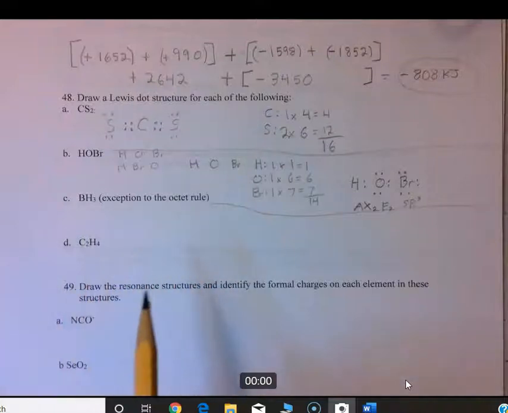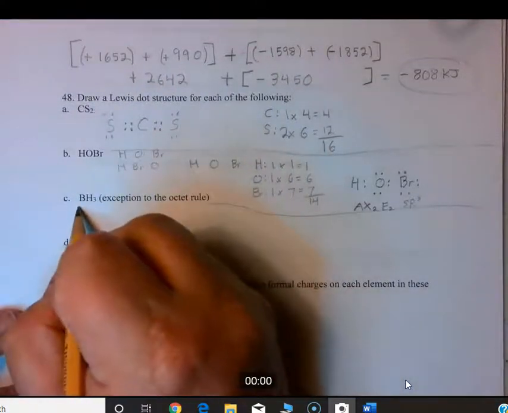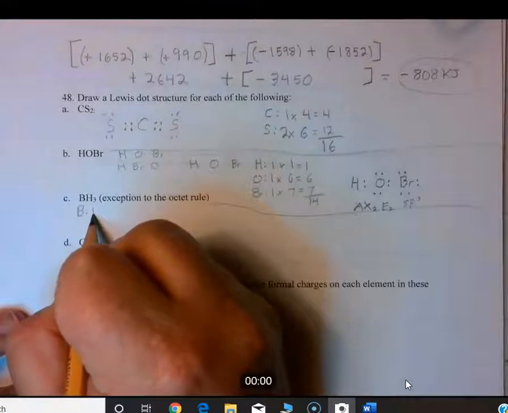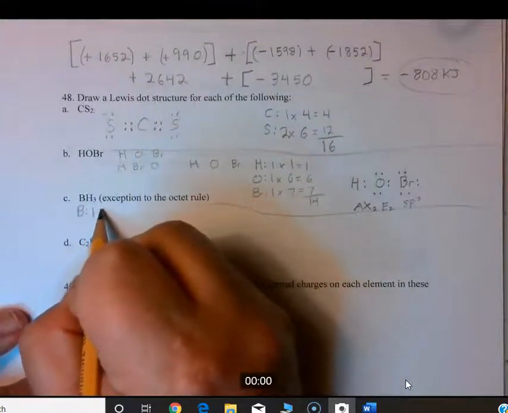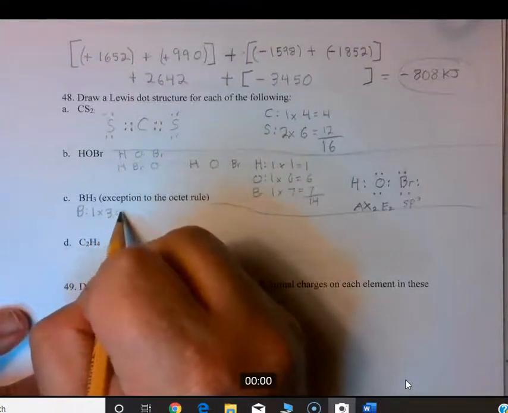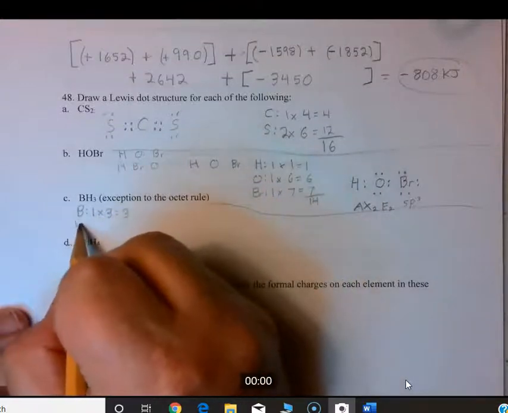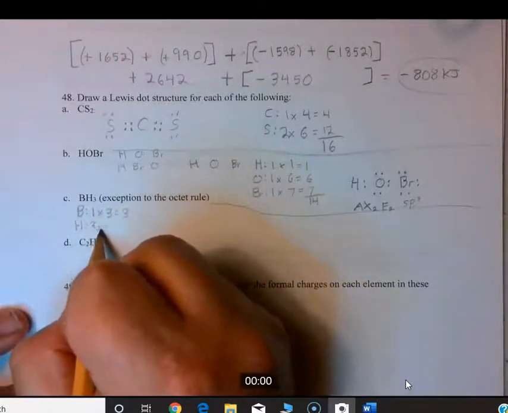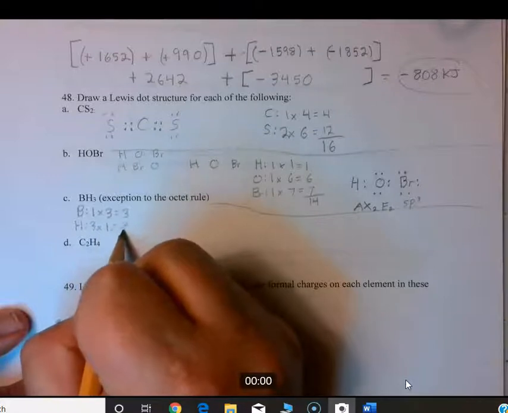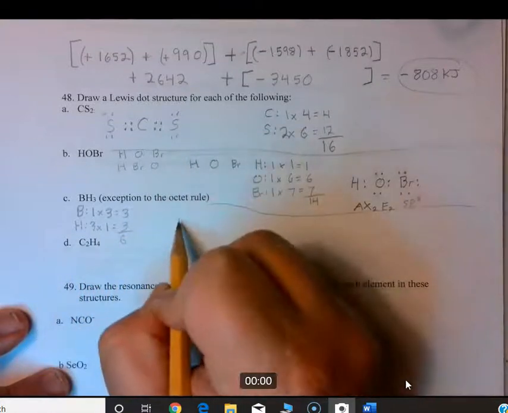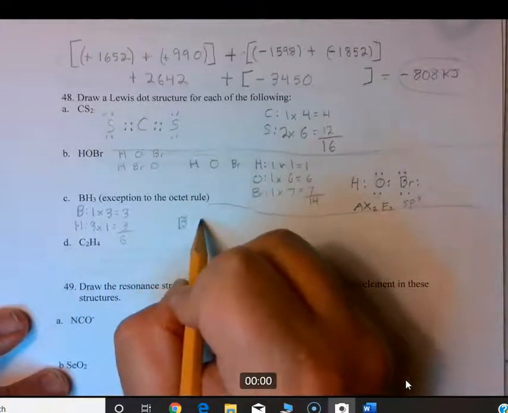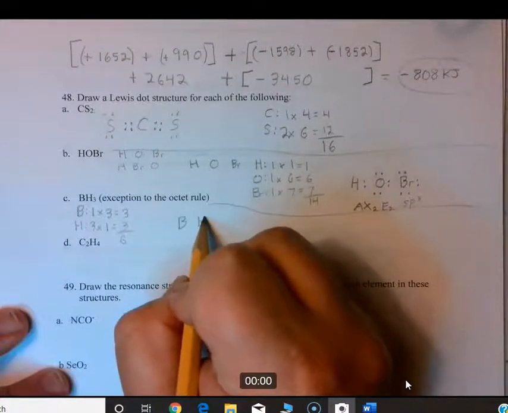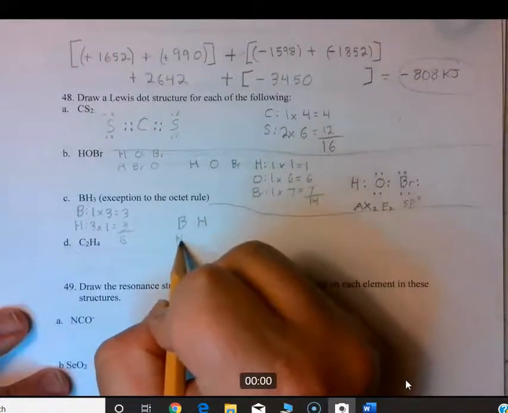BH3 is an exception to the octet rule. So we have boron, we have one of those. It has 3 valence electrons. Hydrogen, 3 of those, 1 valence electron each. That equals 6. So we put a B here, and we just put things symmetrically, although I don't like to put things at angles until I know the actual geometry.